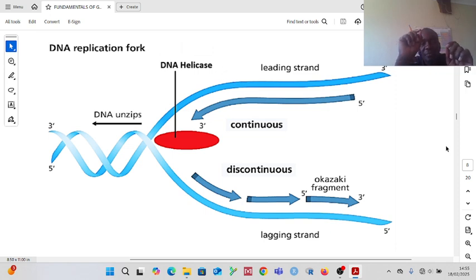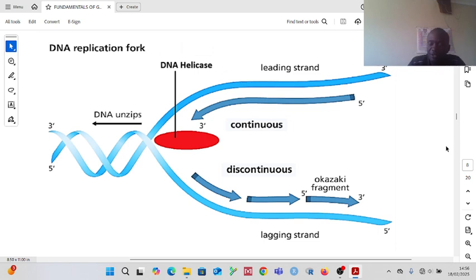That sequence, that primer, is created by an enzyme that we call a primase. P-R-I-M-A-S-E, a primase. So what happens? The primase enzyme will create these short fragments at 2 positions within the replication fork.